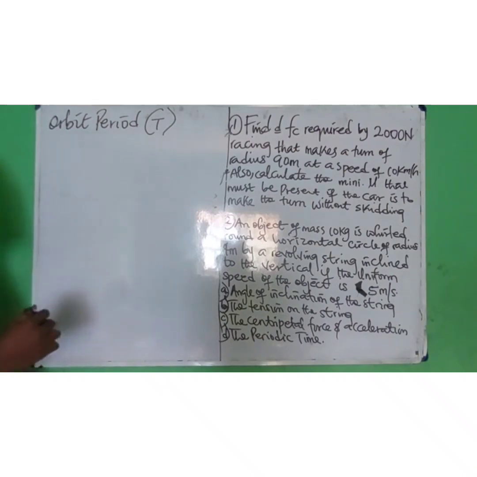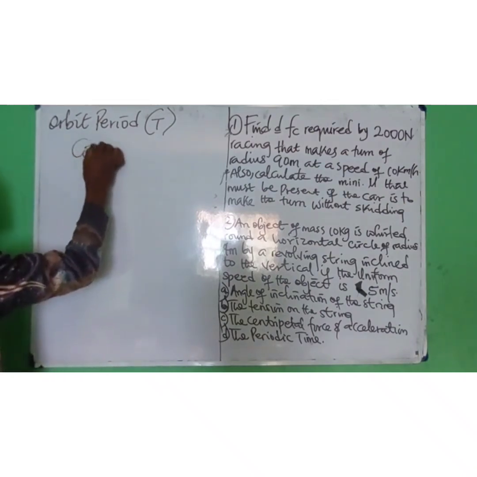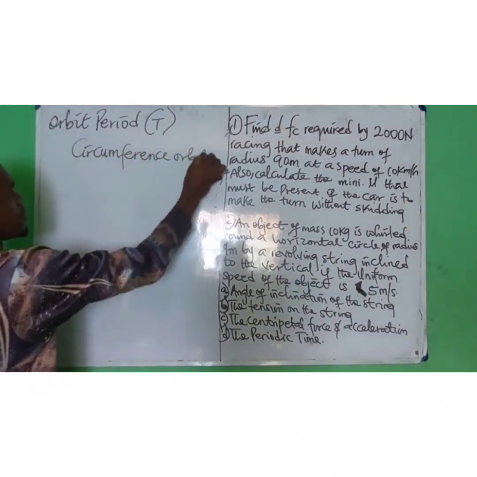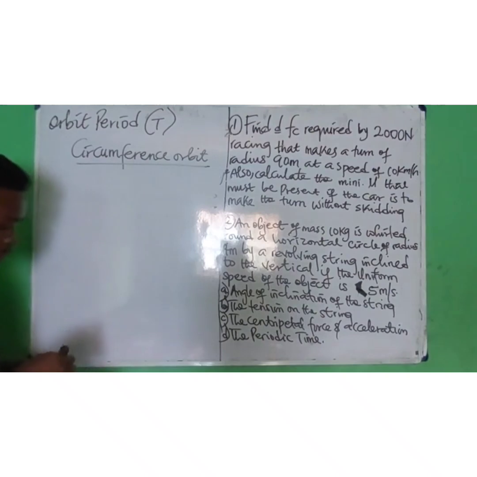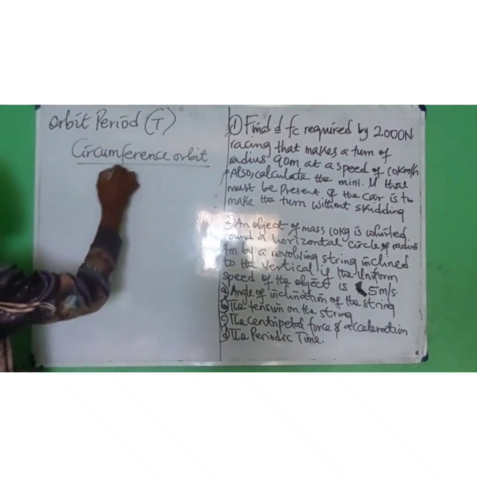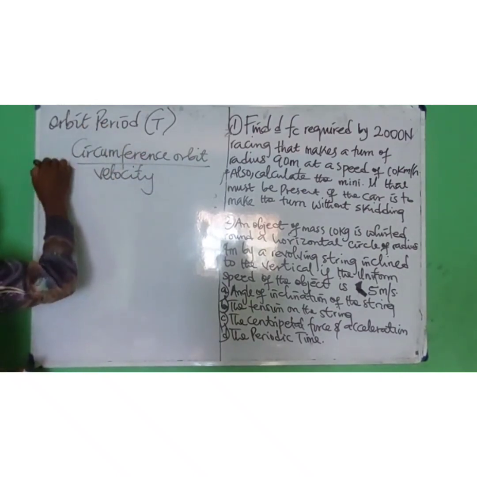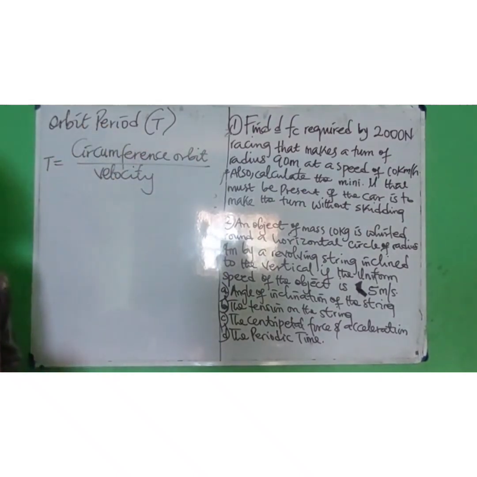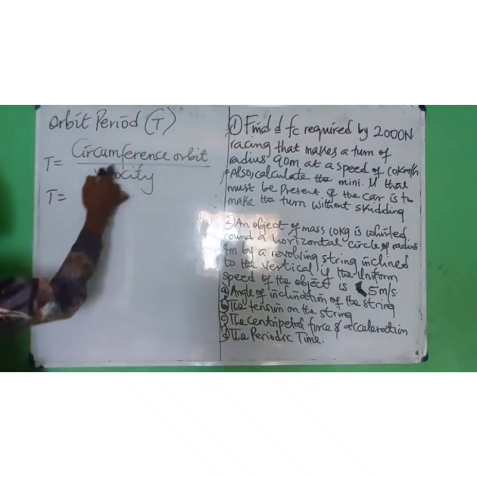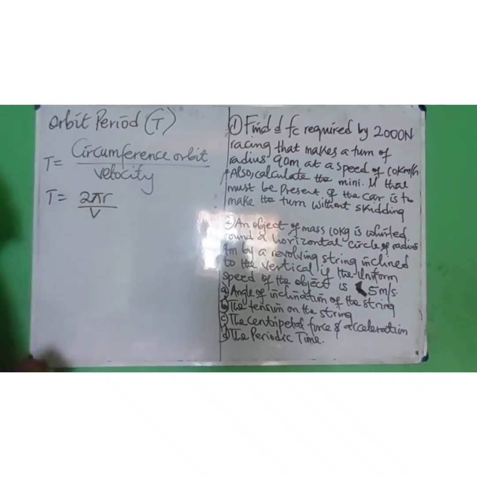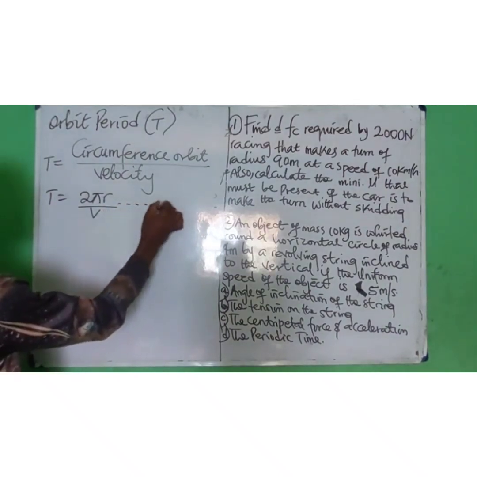Orbit period is the ratio of the circumference of the orbit to its velocity. And the circumference of the orbit is written as 2 pi r, over v. This is the first approach.